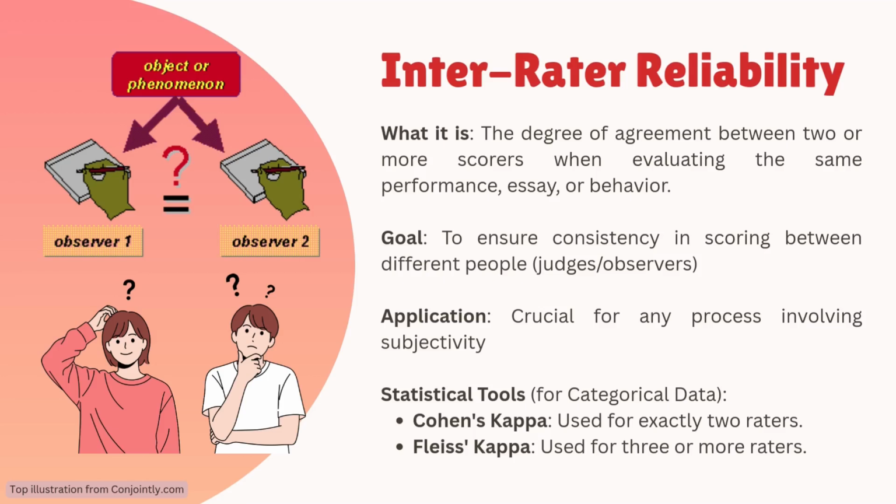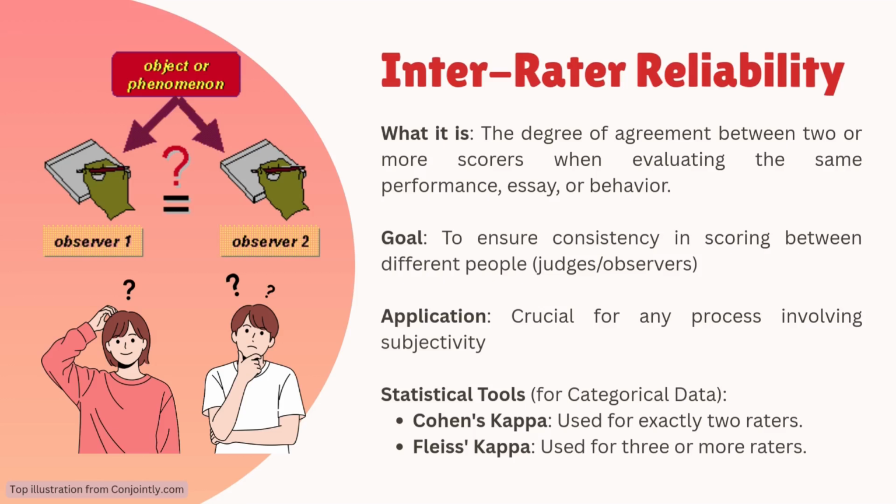So this is basically the degree of agreement or consistency between 2 or more scorers or observers regarding a particular measure. If 2 different judges look at the same essay, performance, or behavior, they should assign highly similar scores. This is crucial for any scoring process involving subjectivity. This includes evaluating job interviews, observing behaviors in a classroom, or grading essays and artistic performances.